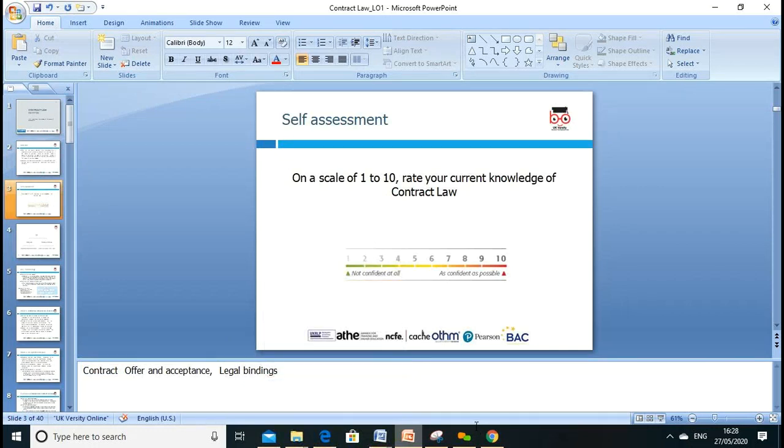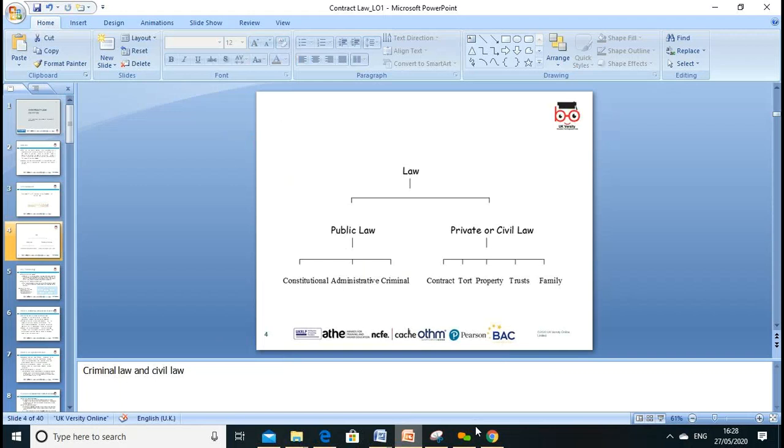I would say that public law is law between the government and the citizen, and private law would be law that's between citizens. Excellent. So civil law is between individuals, or between organizations or individuals. And criminal law is between the state and individuals or organizations.